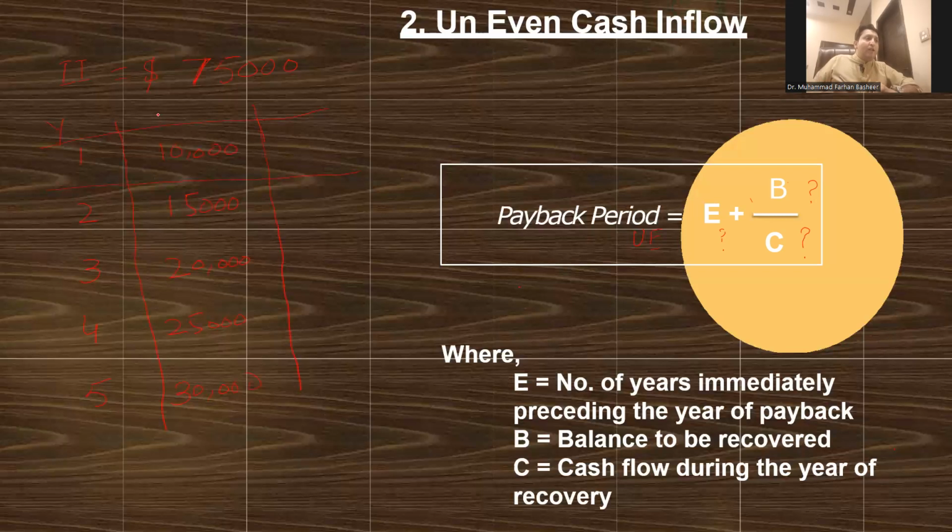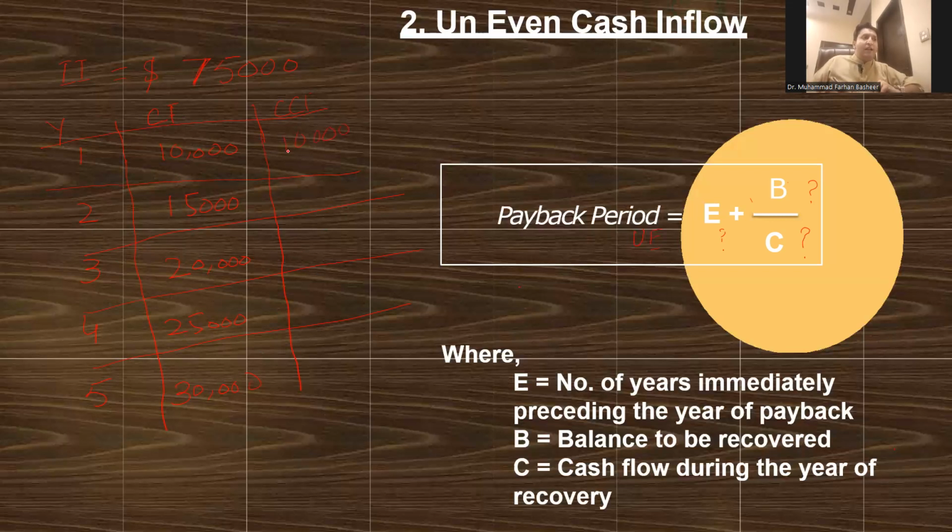These are years, this is cash flow. Now let's take a cumulative cash flow. Cumulative means we add all the flows and draw a column which reflects the total cash flow till that year or till that date. During the first year it is 10,000.